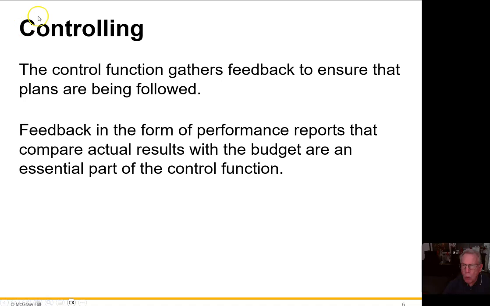Okay, so controlling function, that gathers feedback to ensure that the plans are being followed. That feedback can come in the form of performance reports, even auditing, that compare actual results with the budget. And that's an essential part of the control function. And you're going to learn how we do that when we get to the section on standard costing.